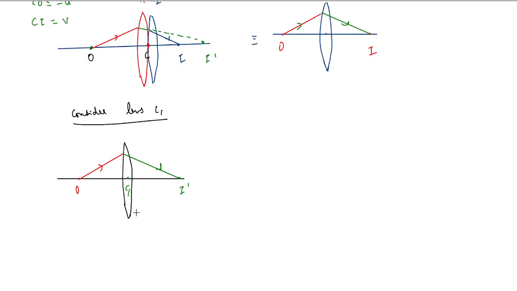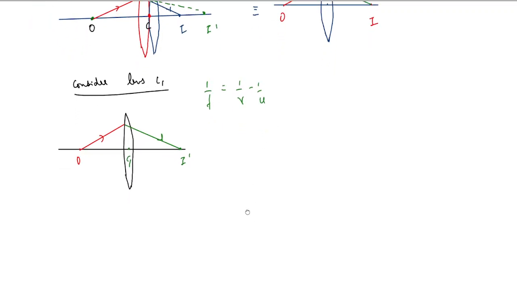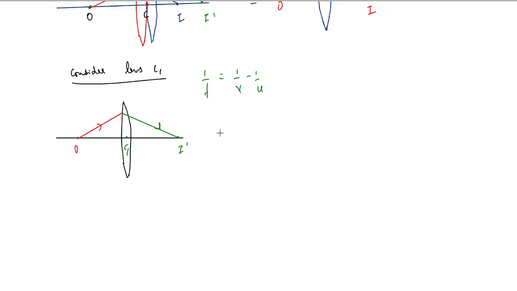If we use the lens equation for this lens, we know that 1 by f is equal to 1 by v minus 1 by u. So if we use the lens equation here, then what we get would be 1 by f1 is equal to, for this lens, v would be c1 into I dash, because for this lens u would be minus c1 into o and v is equal to c1 into I dash.